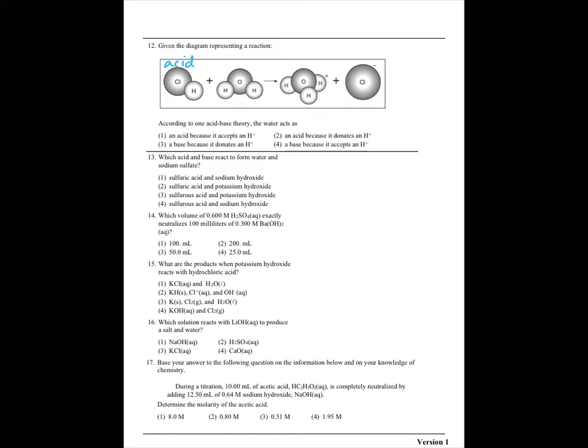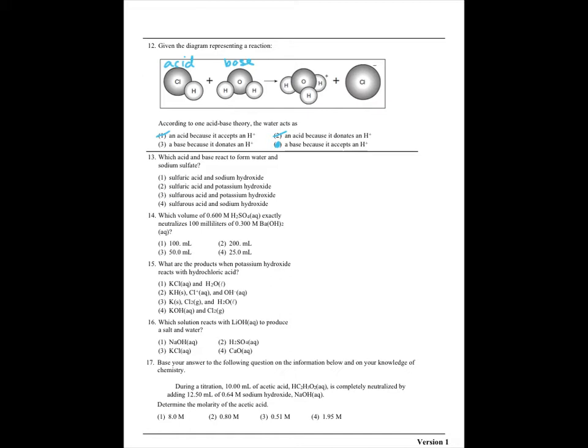So that means it definitely has to react with water as the base. Now, why is it a base? Do bases donate protons or do they accept them? So look what's happening to water. To become H3O+, it had to accept a proton from over here. So that makes it the base. Why? Because it accepts a proton.